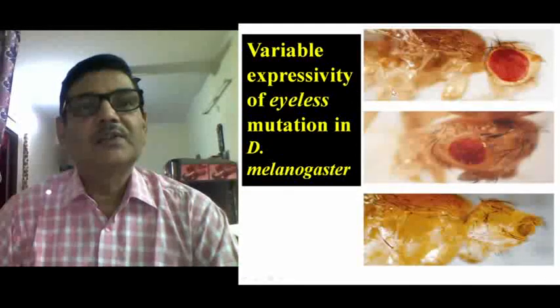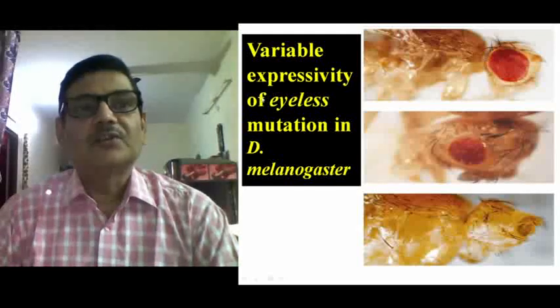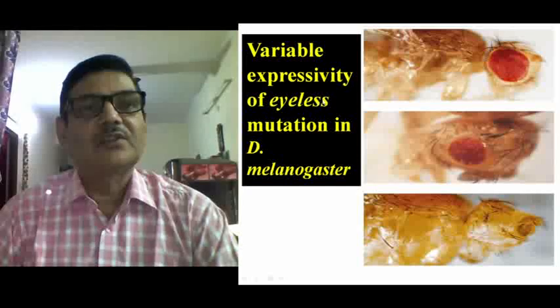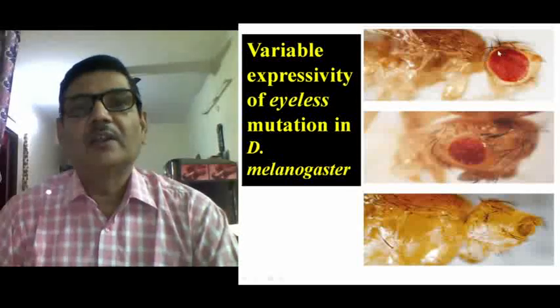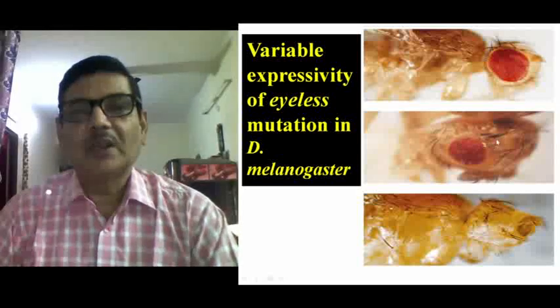Now we can consider an example from Drosophila also. In Drosophila, the eyeless mutation is a recessive mutation, and we find that flies having such a mutation may have a complete shape of the eye, or they may have variation in the shape, or a reduction in the size of the eyes could be observed, and there could be a range of reduction in the size of the eyes, and there could be flies lacking one eye or both eyes.